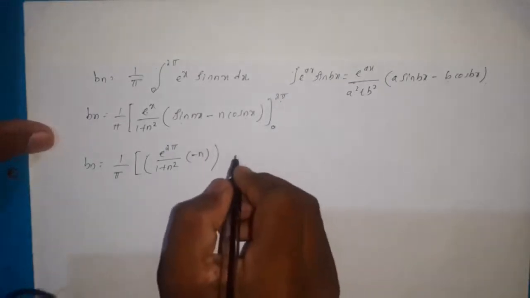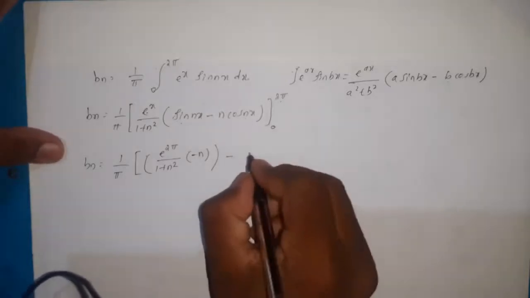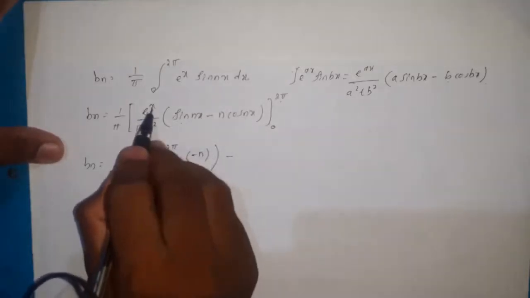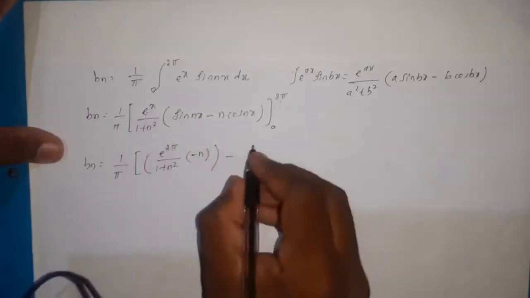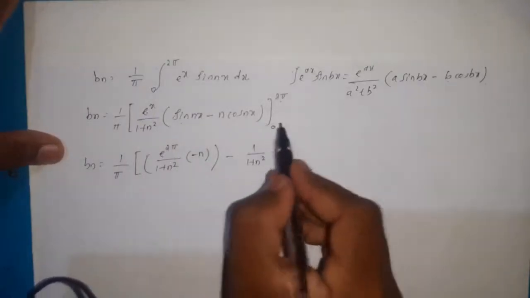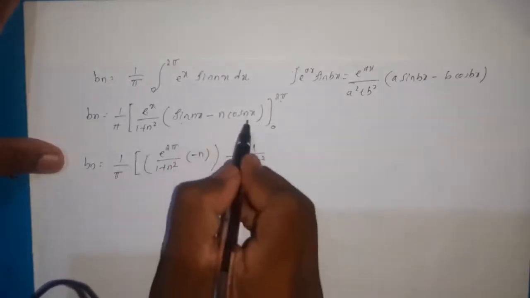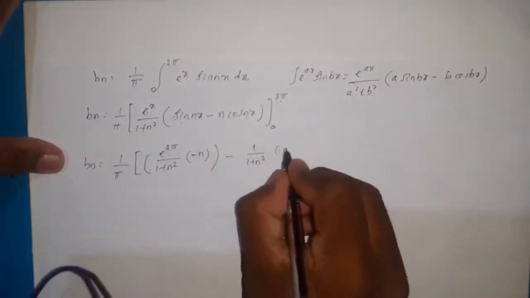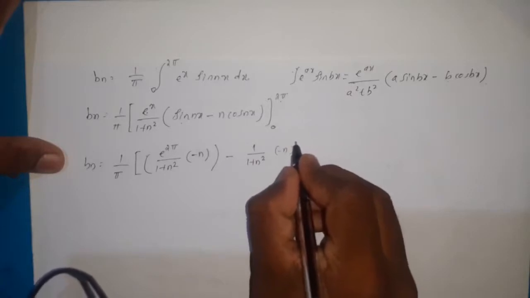This is the value at the upper limit, minus the value at the lower limit. Now x equal to 0 means this is 1 divided by 1 plus n square, and sin 0 is 0, cos 0 is 1. So again this is minus n.